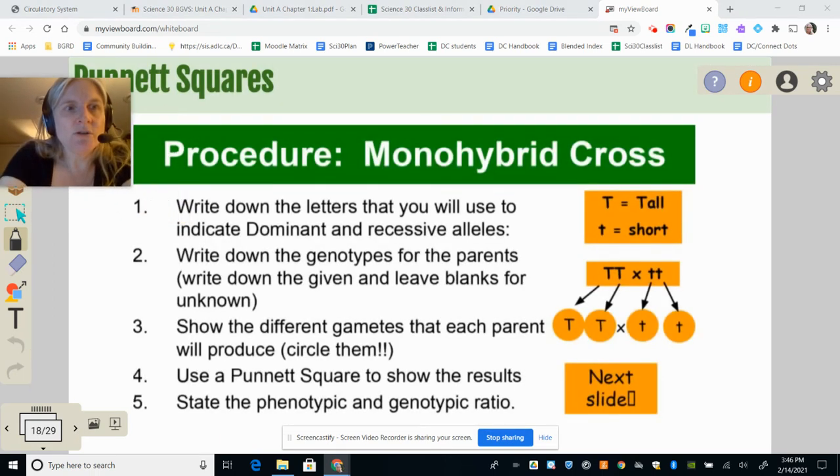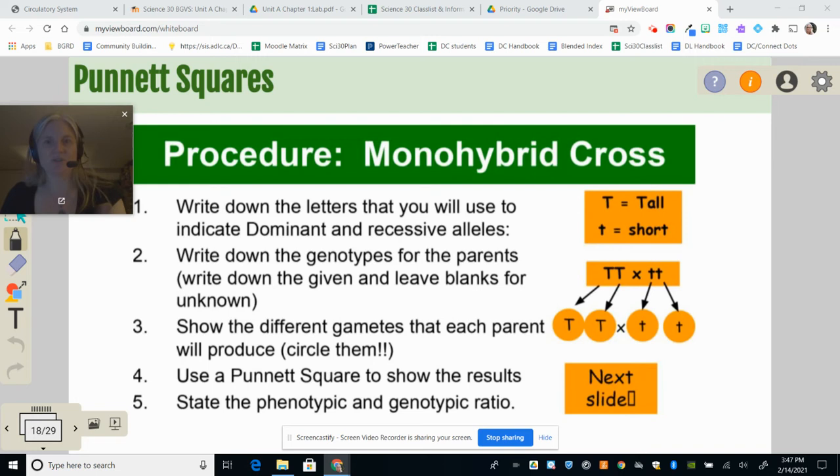All right, so just to recap, here's the procedure on how to do a Punnett square. First, you write down the letters that you would use to indicate what's dominant and what's recessive. If it's not given to you, come up with what you're going to use as your dominant and recessive alleles. Make sure the dominant is the capital letter and your recessive is the lowercase letter.